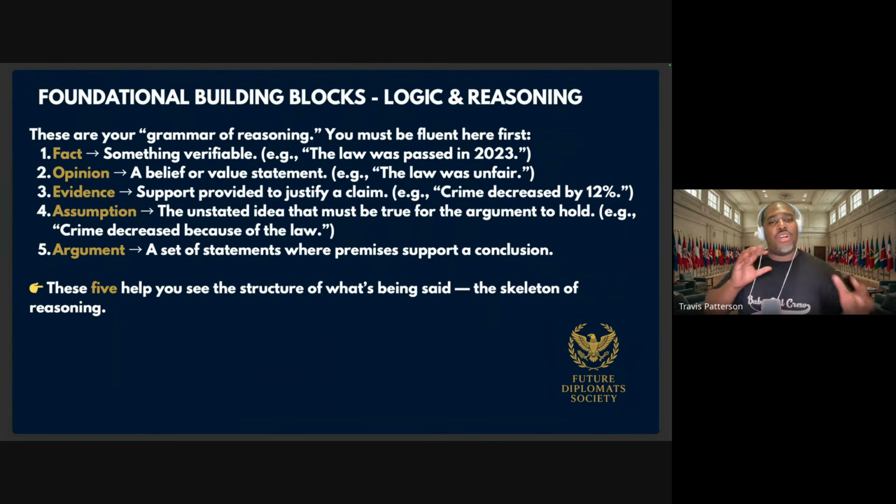It's a full structure, facts, evidence, and assumptions working together to persuade. These five elements, being fact, opinion, evidence, assumption, and argument, are the skeleton of reasoning. Once you see them clearly, every paragraph, policy, and news article starts making logical sense to you. So let's actually analyze the relationships.